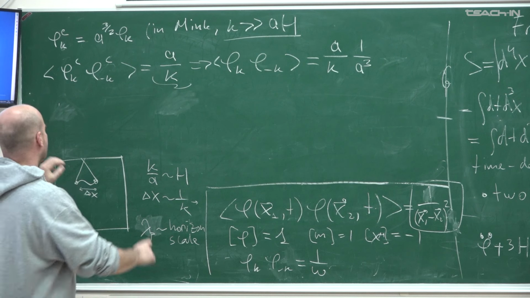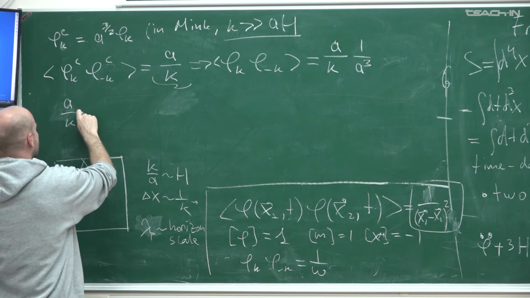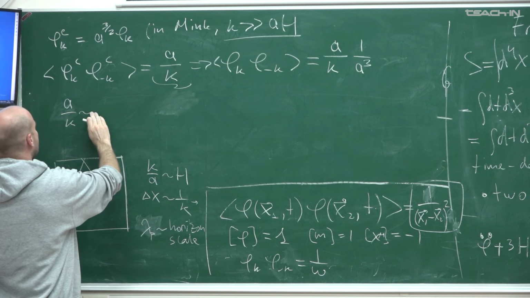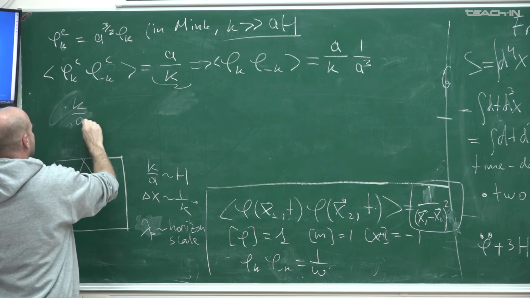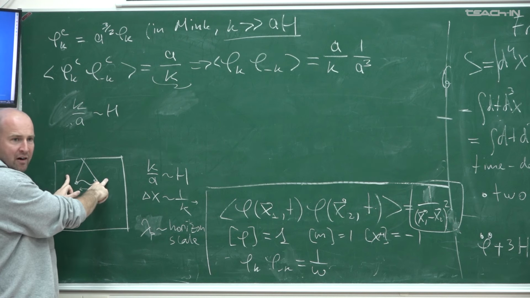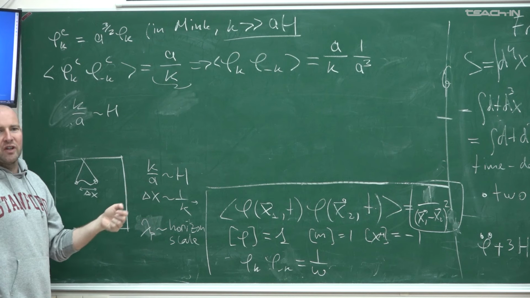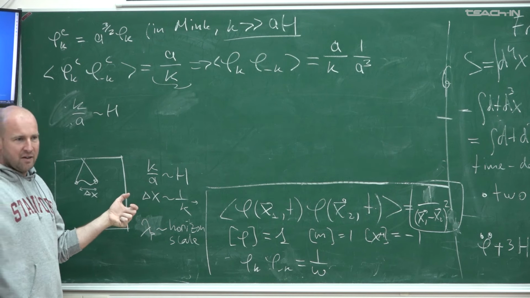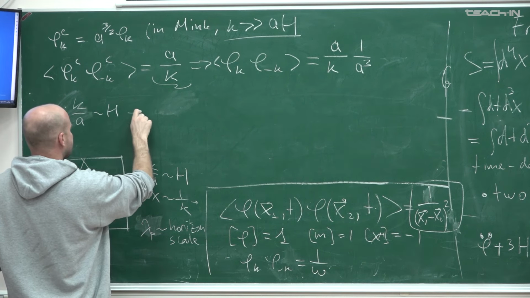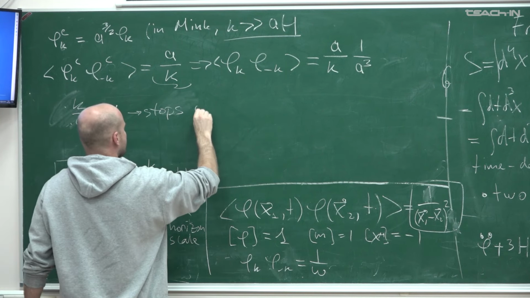So the idea is that when k over a approaches h, then modes go out of the horizon, so they stop communicating with each other. So the 2-point functions should stop changing. Okay? So the idea is that it stops changing.